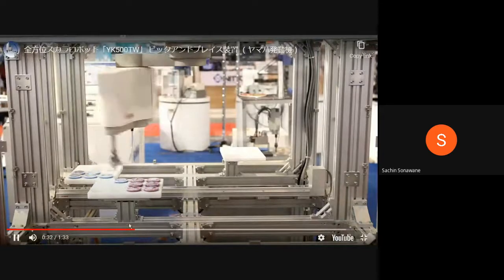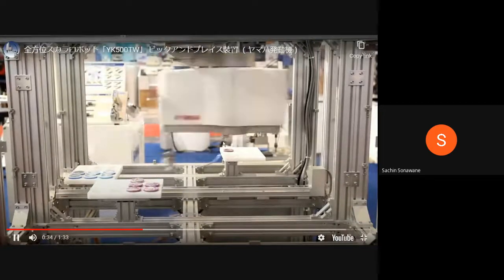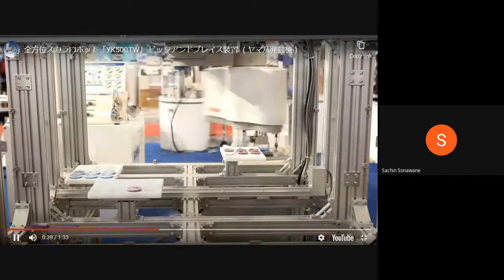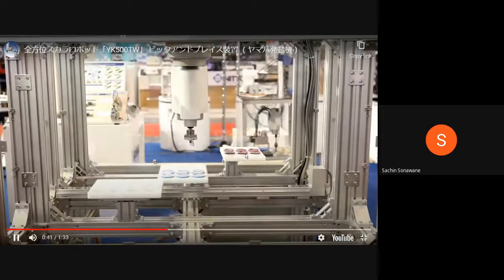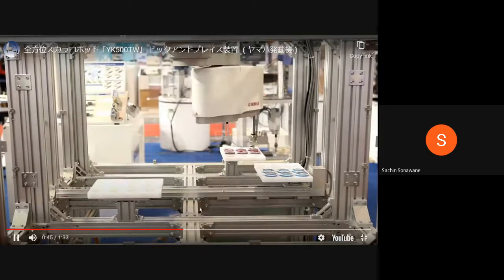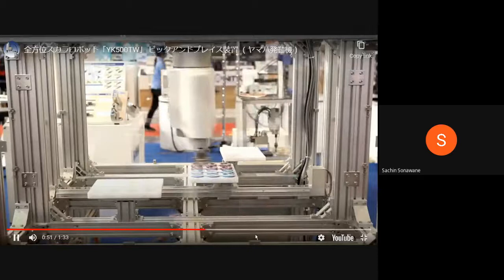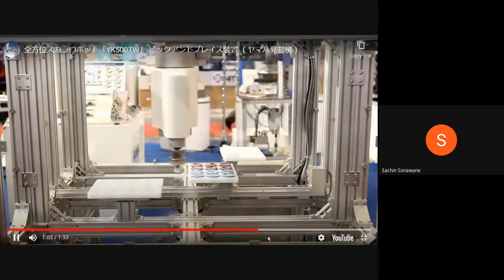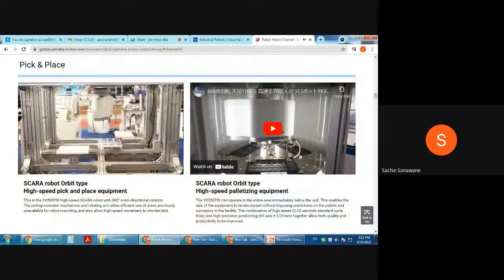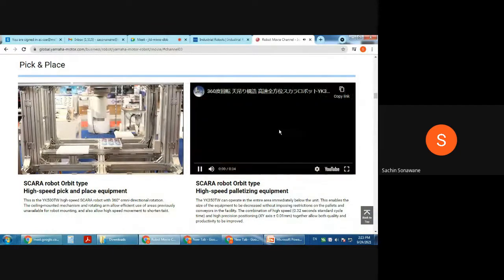See that. Now this is known as magnetic gripper that we are going to study. Here magnet is there, that's why it is picking and placing it fast. Then again this Kara robot orbit type high speed palletizing equipment.